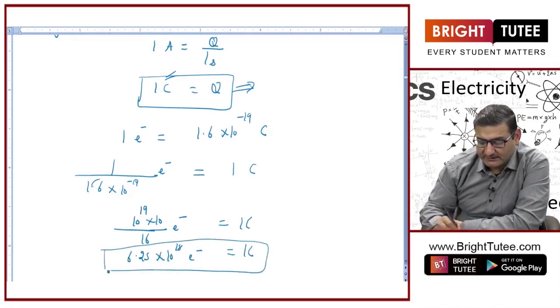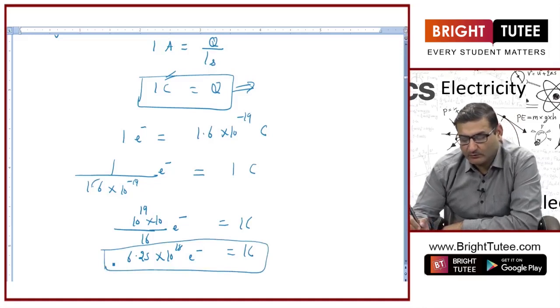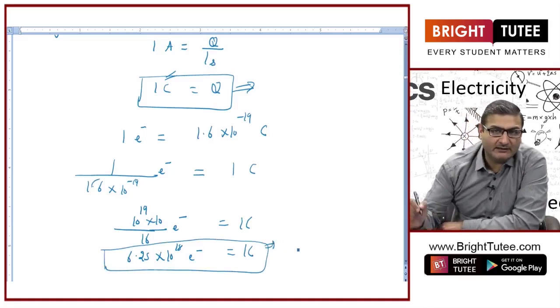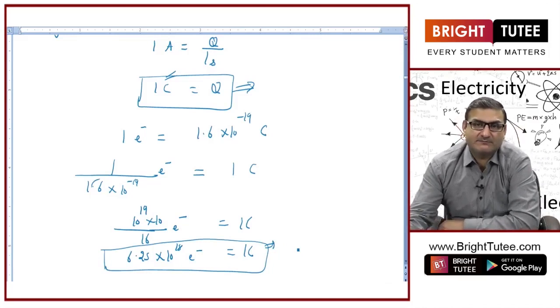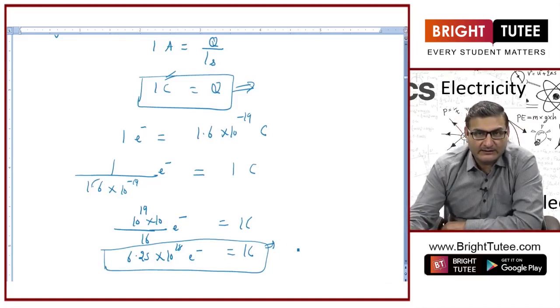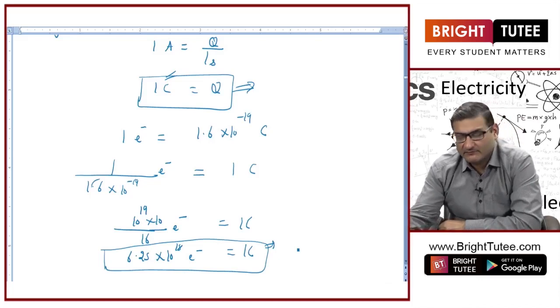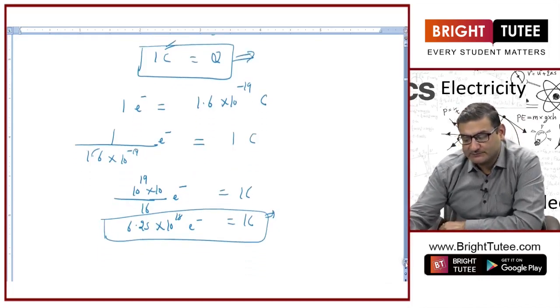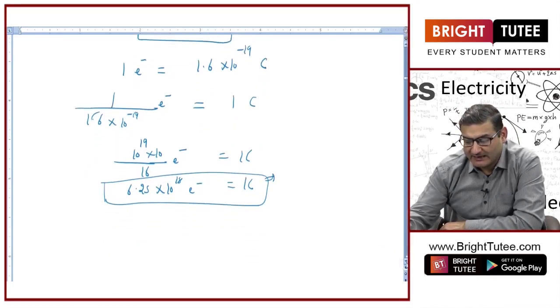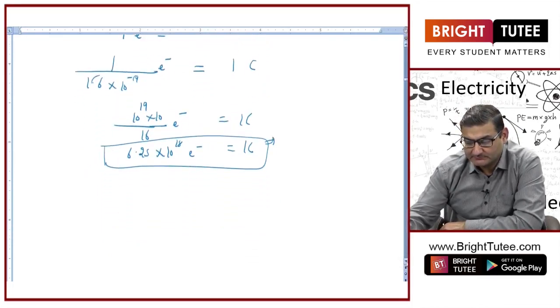So these many electrons will constitute 1 coulomb of charge which was there when 1 ampere of current was passing through the wire in 1 second. Got it? This is another way of asking this particular question. Fine. Let us see what else can we be asked based on this particular topic.